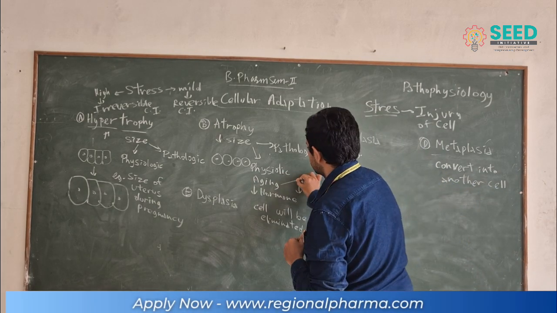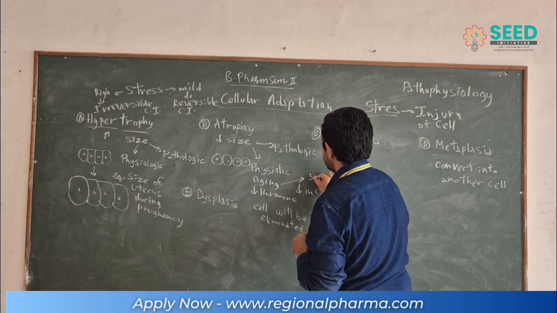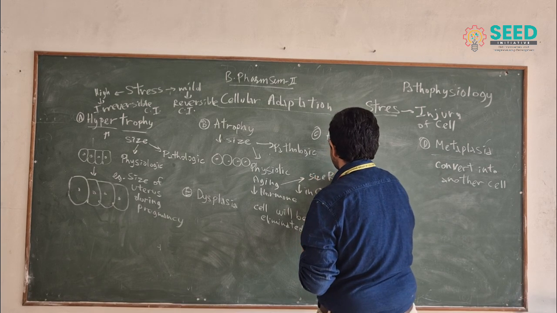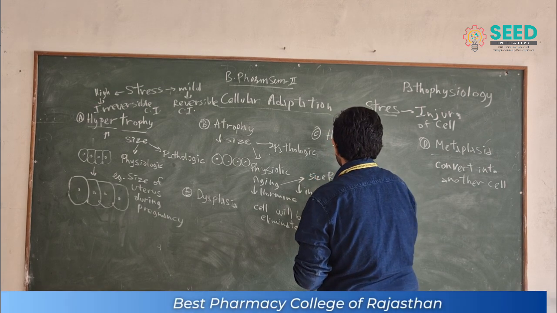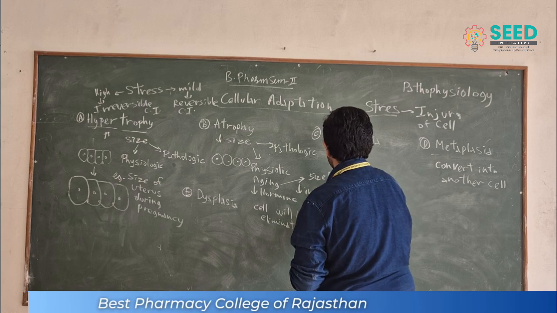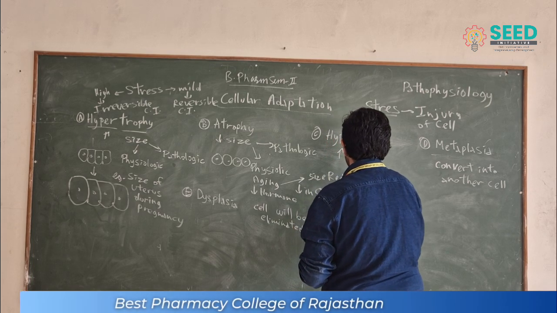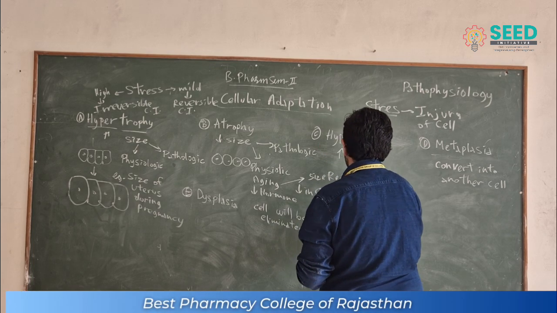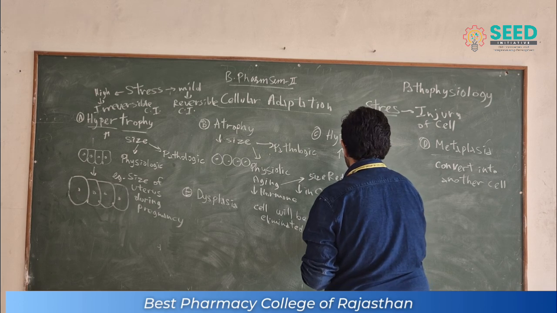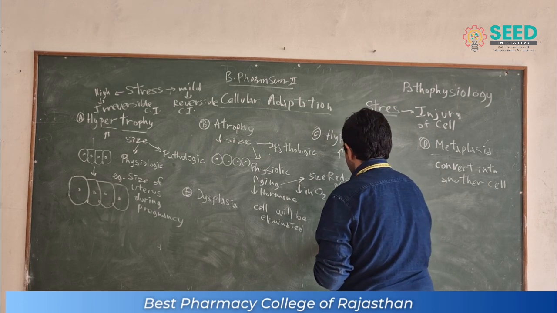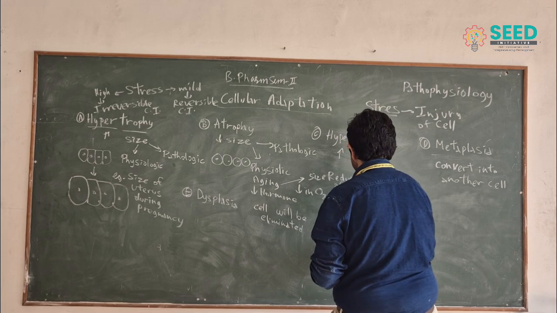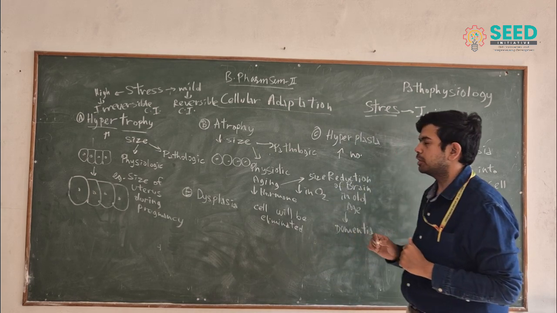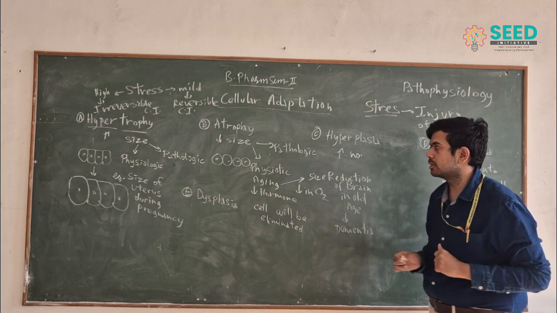Like for aging, there is size reduction of brain in old age, which leads to dementia, which means forgetting about things.